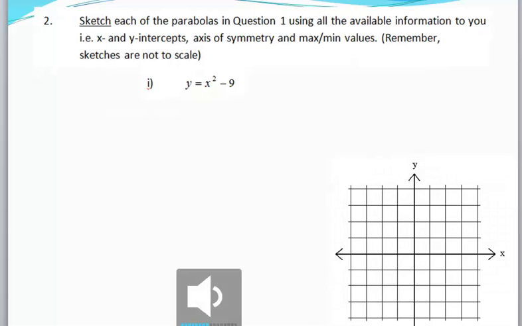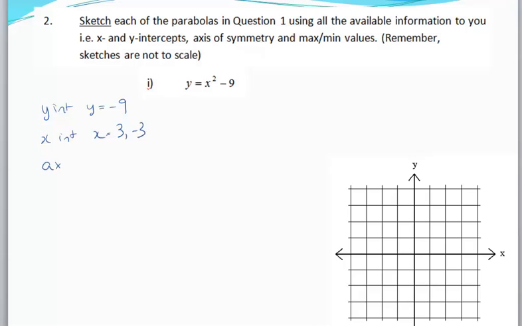Continuing on from here, we want to sketch each of the parabolas that we found in question 1 using all the available information to us. So we're going to go through and write what we've just found onto our actual graph. So we had our y-intercept, y is equal to minus 9. Our x-intercepts, x at 3 and minus 3.